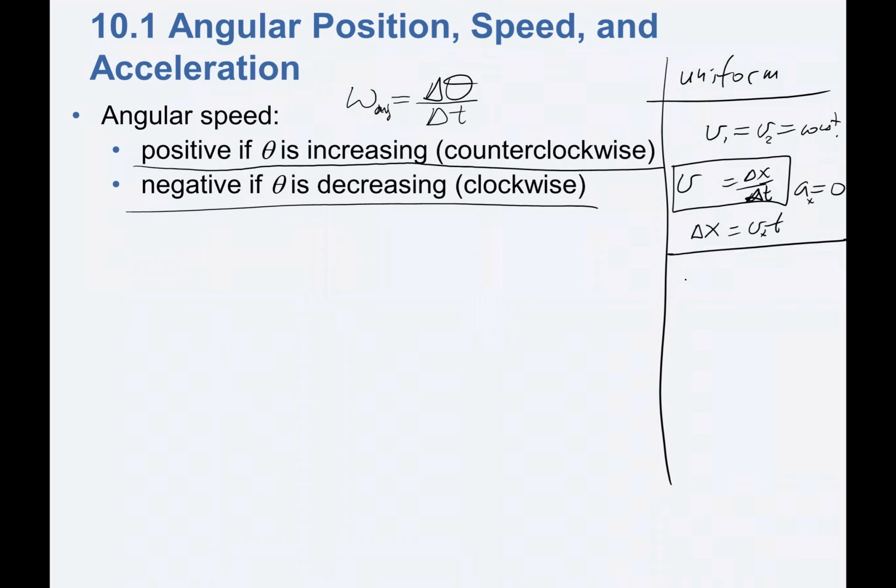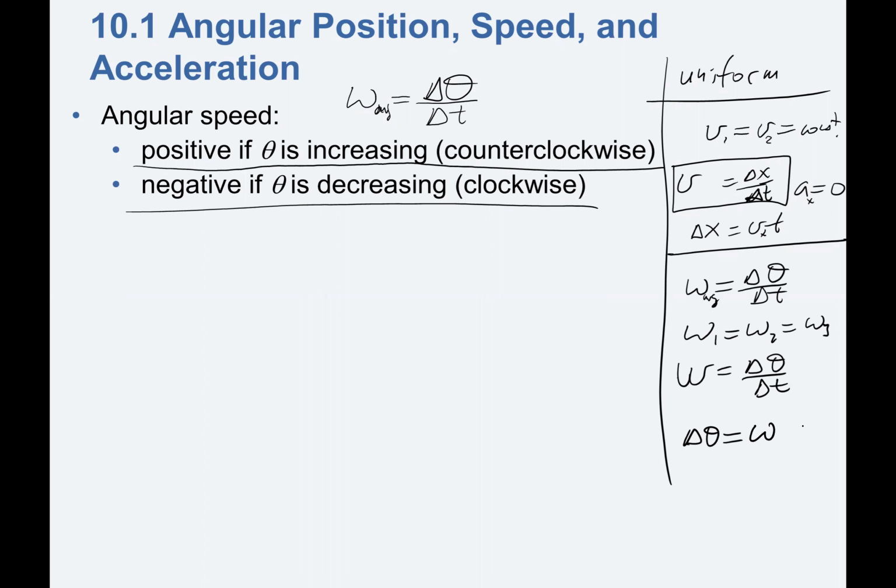Same thing I can have here. If omega average is equal to delta theta over delta T, but every second, let's say omega 1, omega 2, omega 3, they're all the same, then I can say omega is constant. So rearranging that, I could find the displacement by taking constant omega times time.